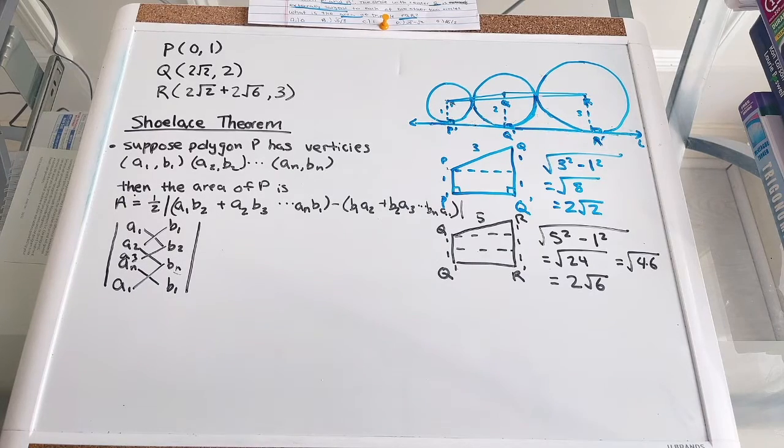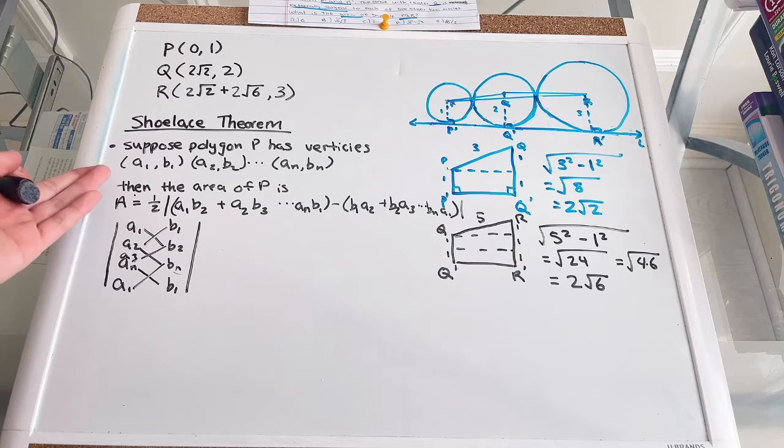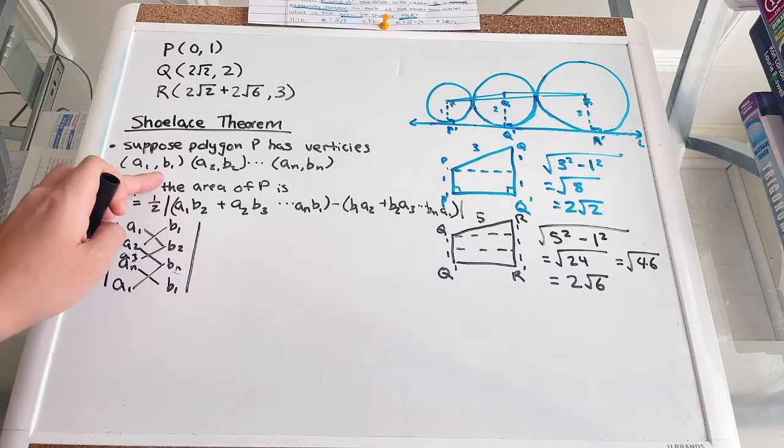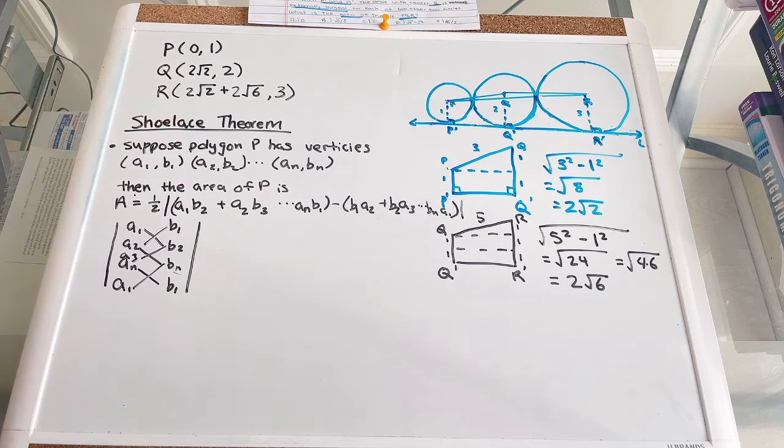Well, when we are using this, we already know that here are the 3 vertices. So we know the coordinates. A1, B1 would be 0 and 1, A2, B2 would be 2 times the square root of 2 and 2, and etc. So since we know this, then we can just plug it in to find the area.